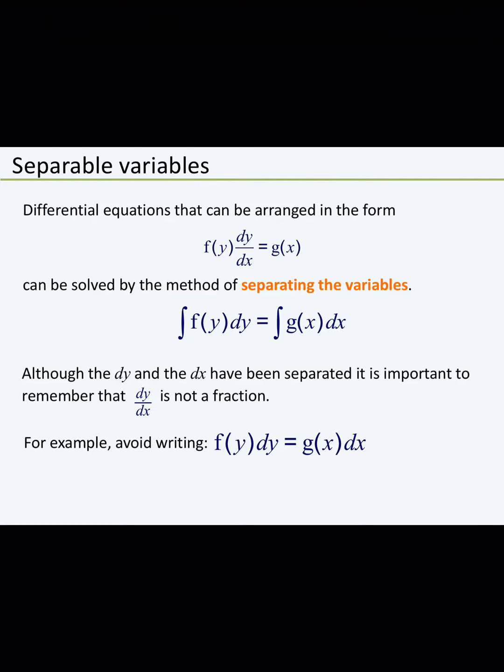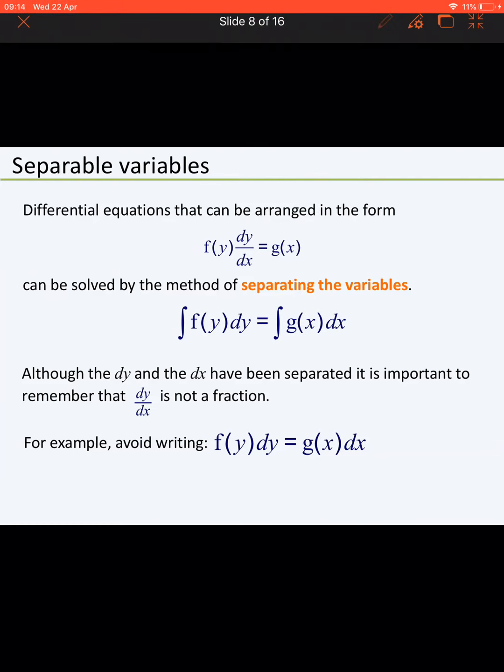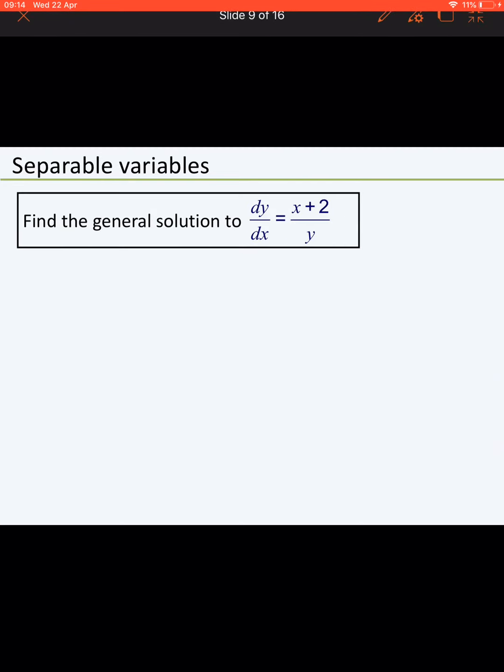The idea is to separate the variables: get all of your function of y, so all the y terms, and put that on the same side as the dy, so that's usually on the left, and then the function of x with the dx. It also says here, to avoid writing it once you've separated it with the integration symbol, because technically it's not a mathematically correct statement. So once you've done that separation, pop your integration symbol on.